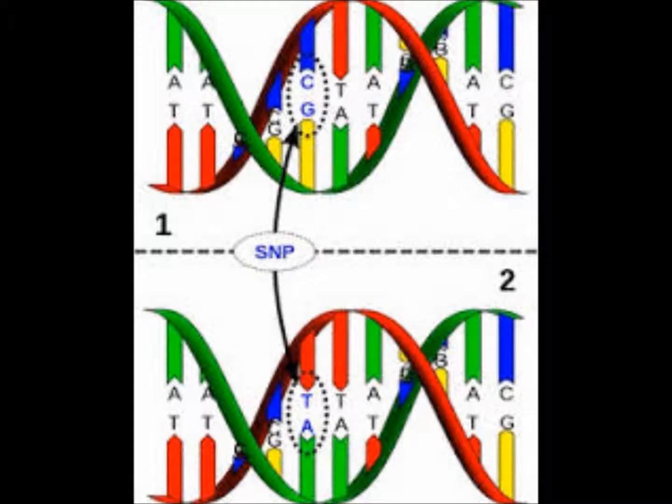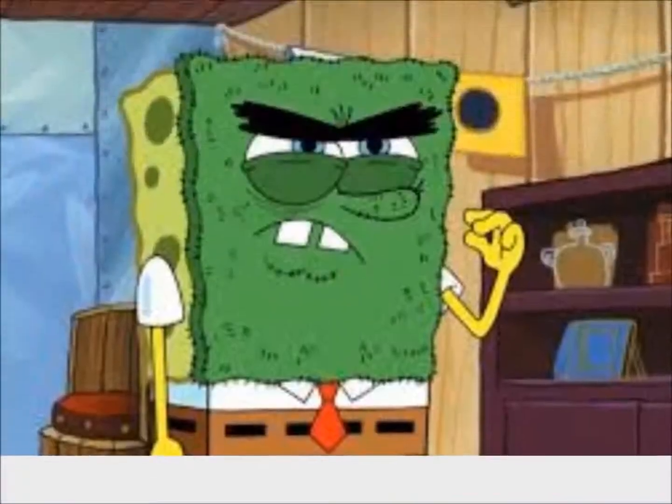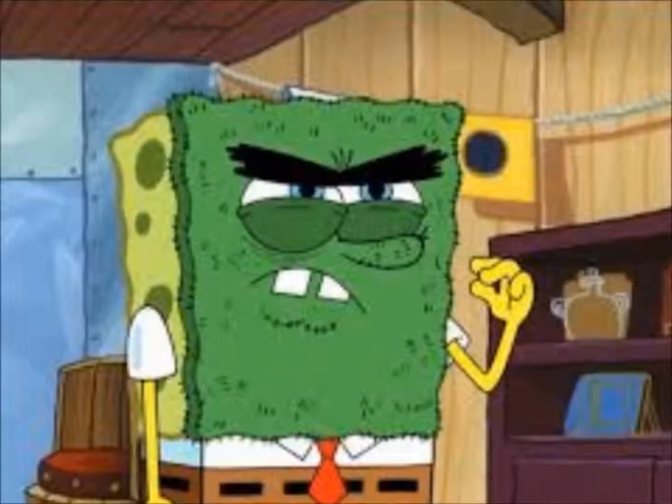In this, the C from frame 1 on the top is changed out with the T from frame 2 on the bottom. This is also known as changing cytosine with thymine. As a result of those things changing, this will change the amino acid sequence and lead to SpongeBob turning green.